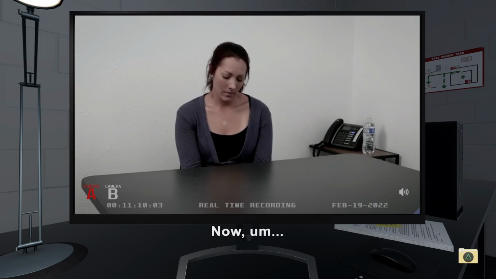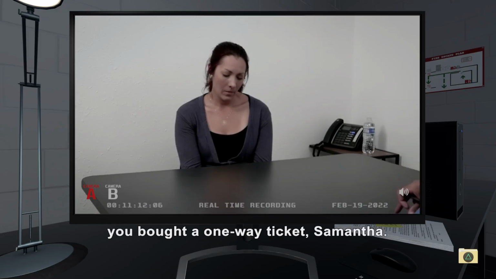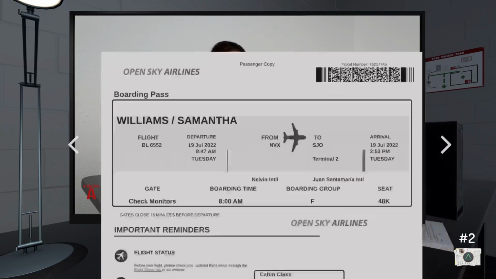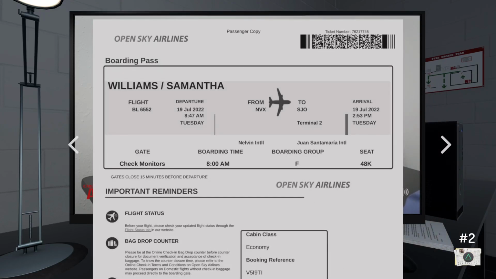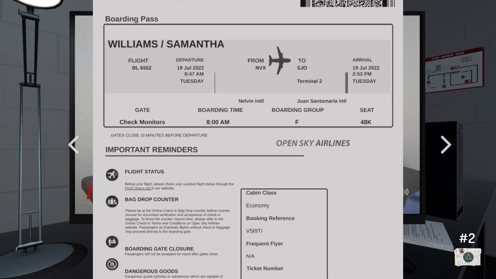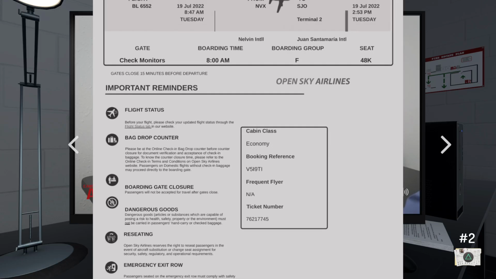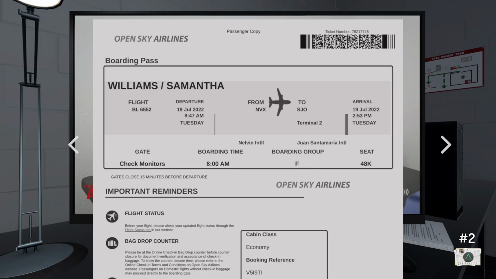Now, see, the problem is you bought a one-way ticket, Samantha. So, were you never planning on coming back? No. It's just a cheap fare that I found. There's this app that tracks your purchases for you, but it only deals in one-way fare tickets.